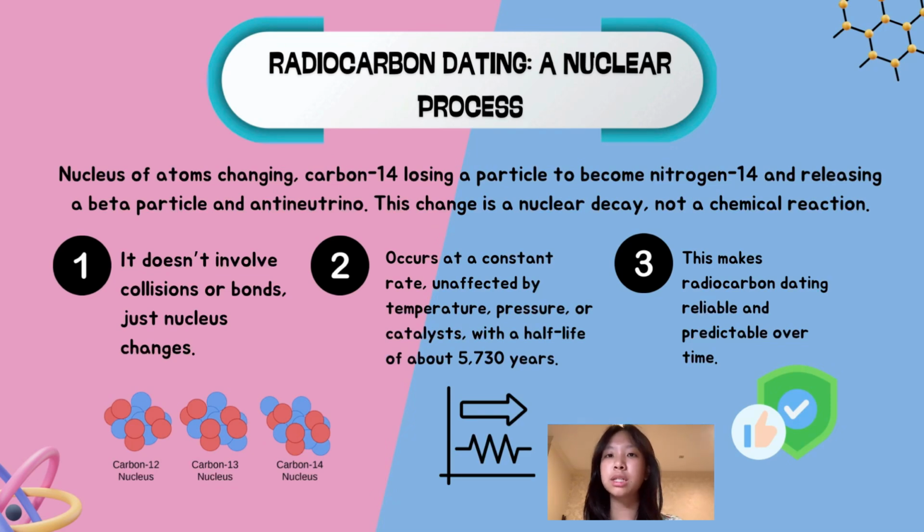Unlike chemical reactions that involve electrons and bonds, this decay happens inside the atom's nucleus. Carbon-14 decays at a steady, predictable rate, with a half-life of about 5,730 years. By measuring how much carbon-14 remains in a sample, scientists can calculate how long it has been since the organism died.